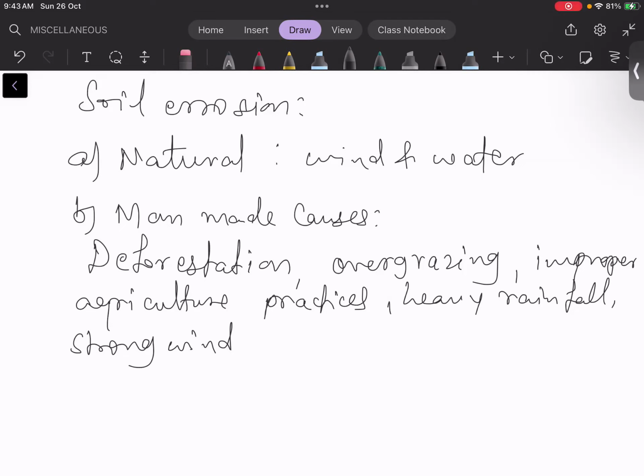Is there any doubt to anybody? Sir, rainfall and strong winds come in natural cause, right? You have written them in man-made. No, but man-made causes: strong wind means, during harvesting, wind is created by the machine.